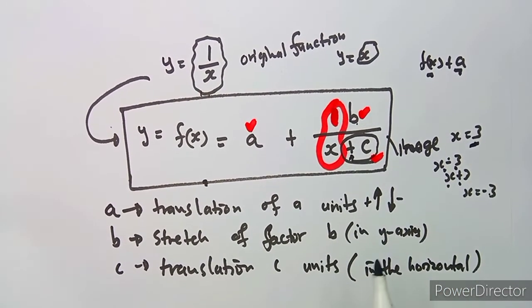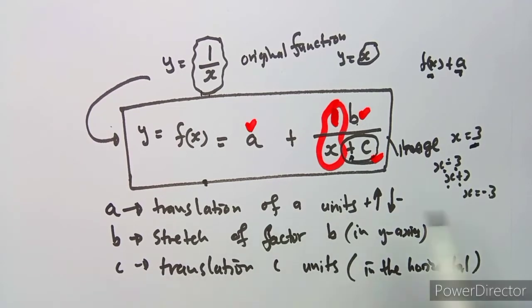So the question now is, are you going to be given the equation like this directly? In some cases you might be given it directly, but in some cases you are not given a direct equation. They will give you something like this.